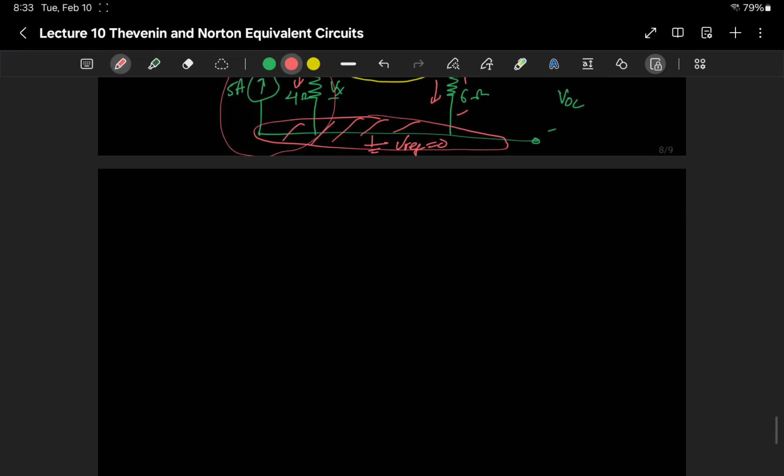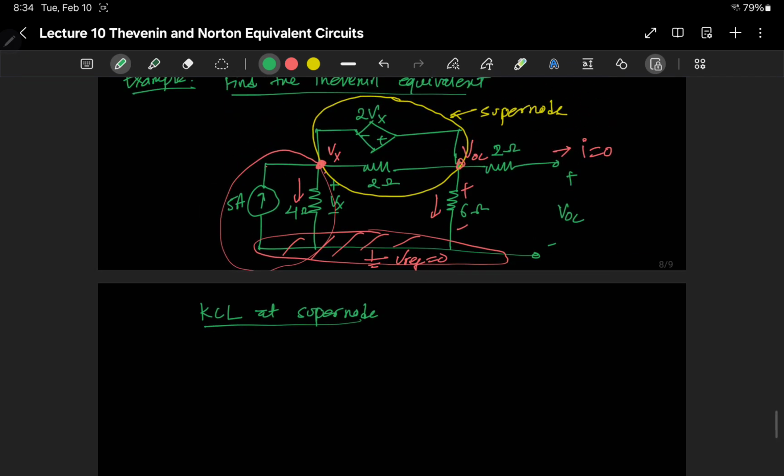Let's start by writing KCL at the super node. So the current entering the super node is 5 ampere, right? This source current, and the current leaving is this, which can be written as Vx minus 0 divided by 4, right, in terms of voltage across the nodes. And the other current leaving the super node is this, right, because this current is 0.